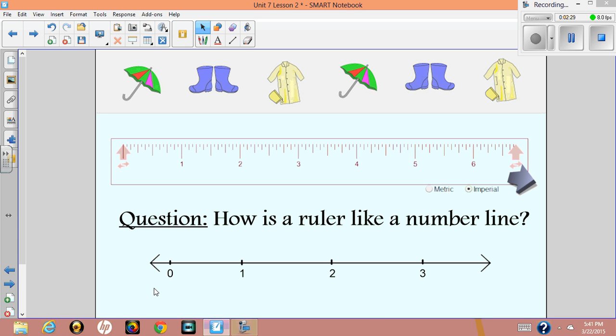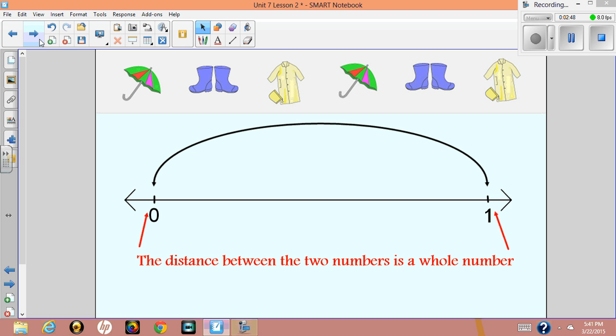They are in equal units starting with 0, and these are in equal units starting with 0. So you're familiar with the number line, but this is a good way to remember how it is divided into equal parts. Okay, the distance between the two numbers is a whole number.